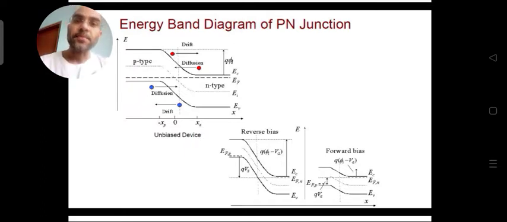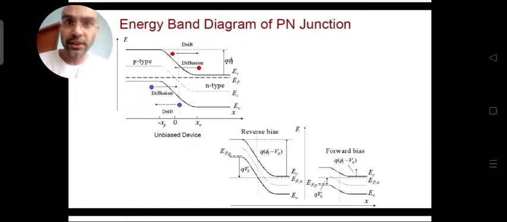Now you see, to diffuse with each other, these two levels should be at the same height. You can consider it as a potential energy. Only if they are at the same height is the transfer from one layer to the other possible. That is why the energy levels align with each other, so that the flow of charge carriers is smooth initially, when it is unbiased.